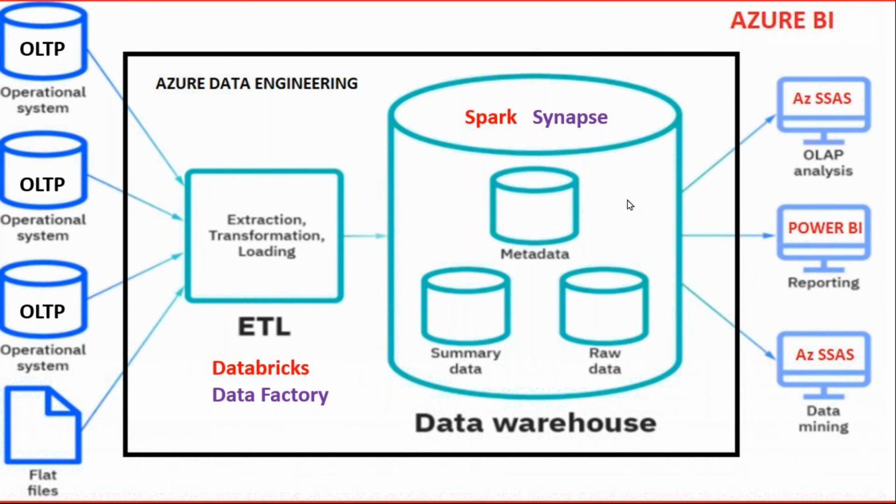In any engineering, you have something called open source common: Databricks ETL and Spark warehouse. These two are common in any engineering product. Either you go for Azure data engineering or Google data engineering or AWS data engineering, Fabric data engineering, Databricks and Spark are common.